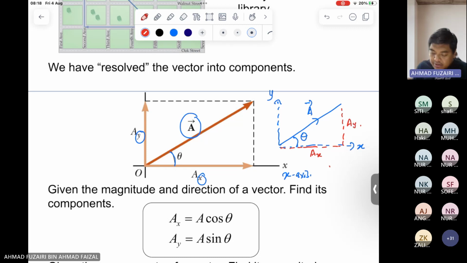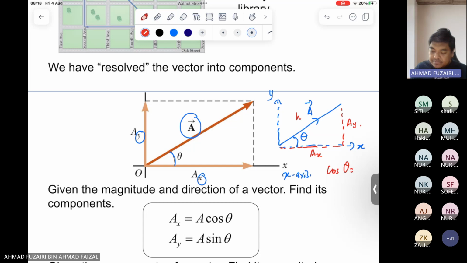So cos theta is equivalent to what? In terms of trigonometric function, SOHCAHTOA, cos is adjacent over hypotenuse, because this is the hypotenuse, this is the adjacent, and this one AY is considered to be opposite. So what is cos theta?